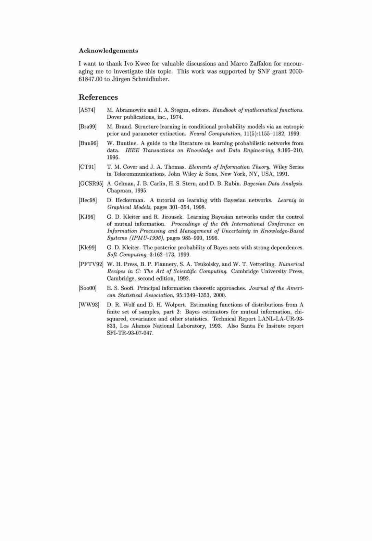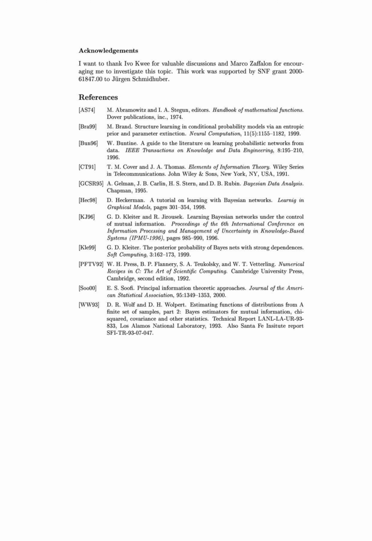M. Abramowitz and I. A. Stegun, editors. Handbook of Mathematical Functions. Dover Publications, Inc., 1974. M. Brand, Structure Learning in Conditional Probability Models via an Entropic Prior and Parameter Extinction. Neural Computation, 11:1155-1182, 1999. W. Buntine, A Guide to the Literature on Learning Probabilistic Networks from Data. IEEE Transactions on Knowledge and Data Engineering, 8:195-210, 1996.